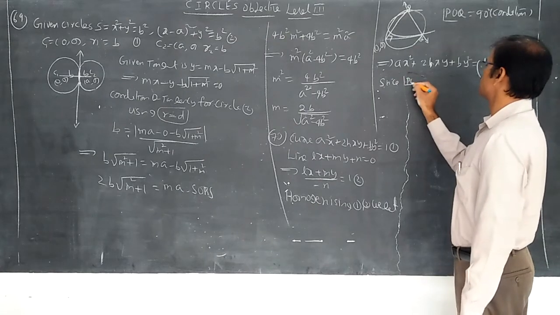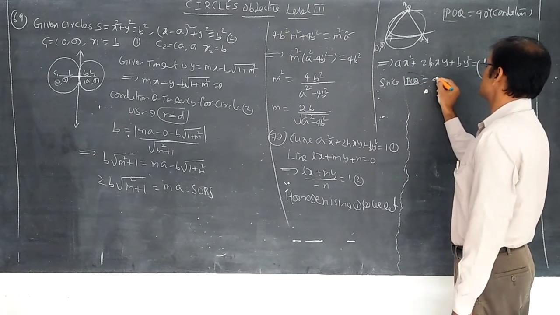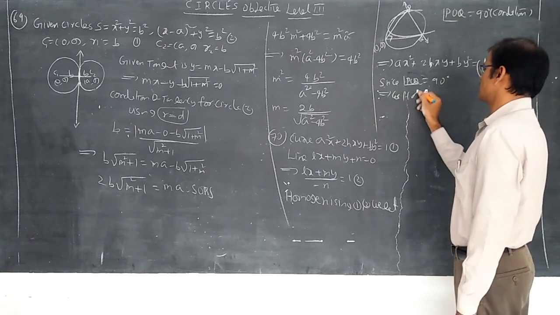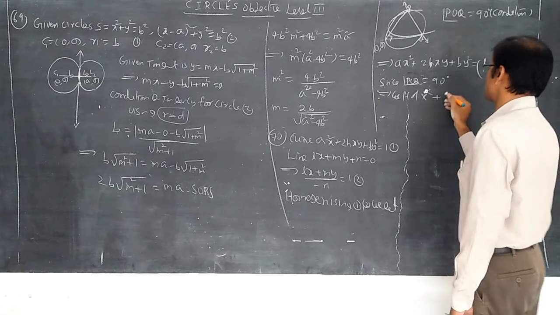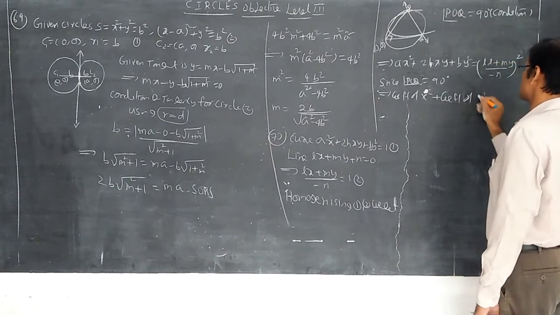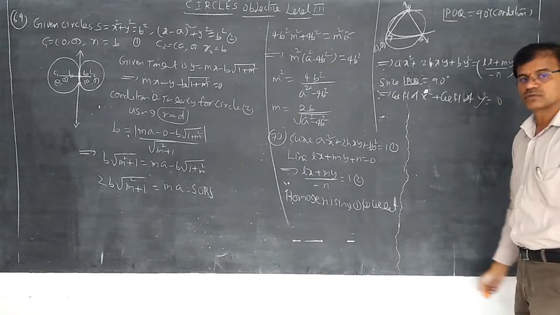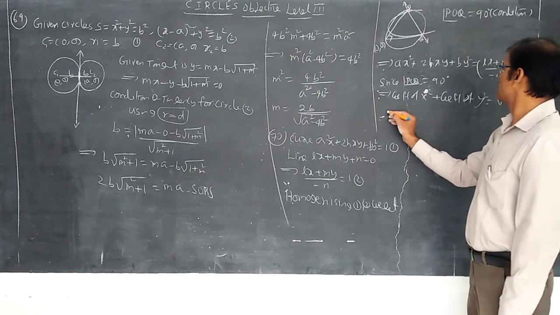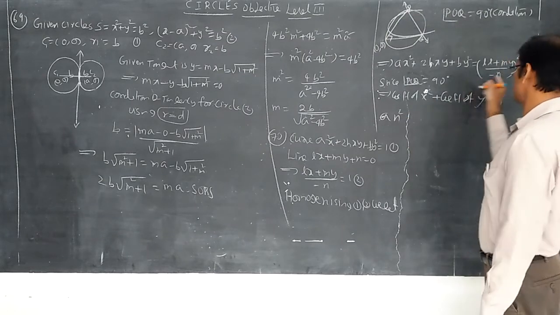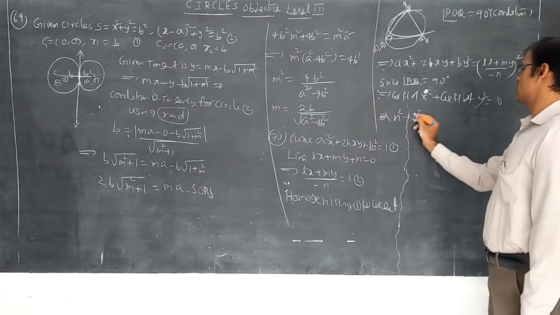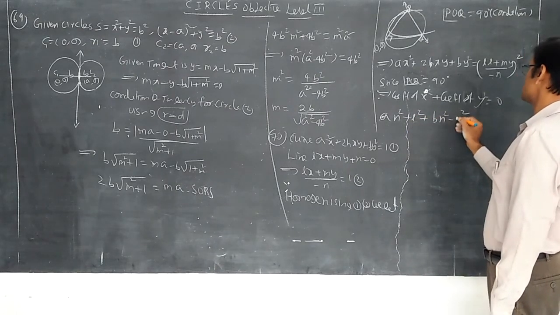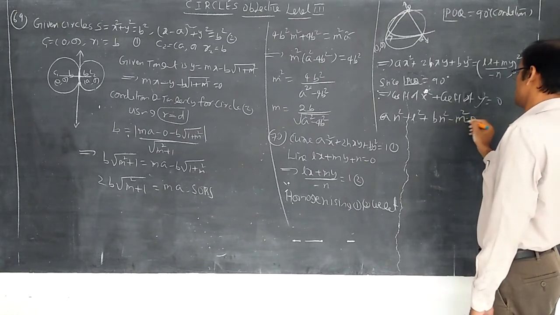Since angle POQ is 90 degrees, the coefficient of x² plus the coefficient of y² equals 0. The coefficient of x² here becomes an² − l², and of y² it becomes bn² − m². All that is equal to 0.